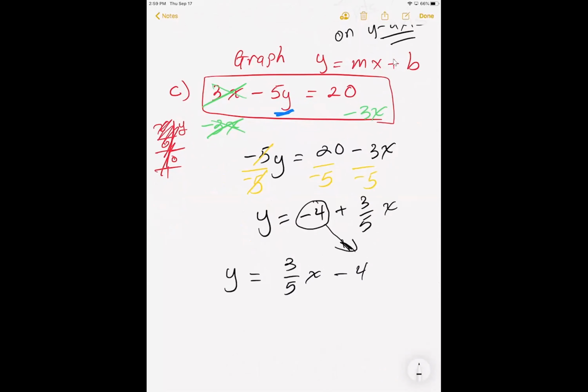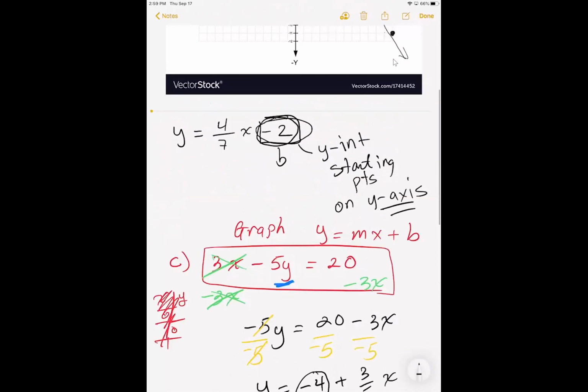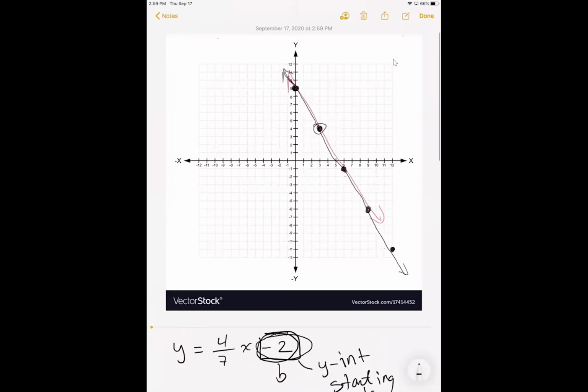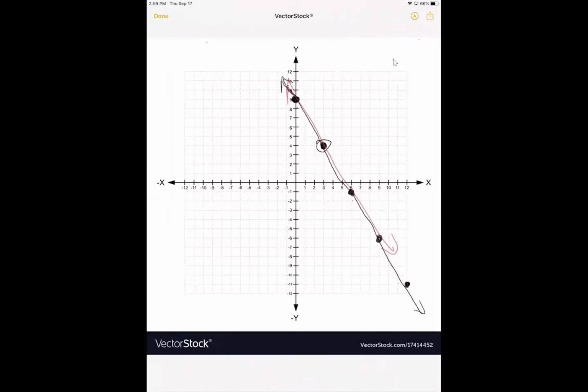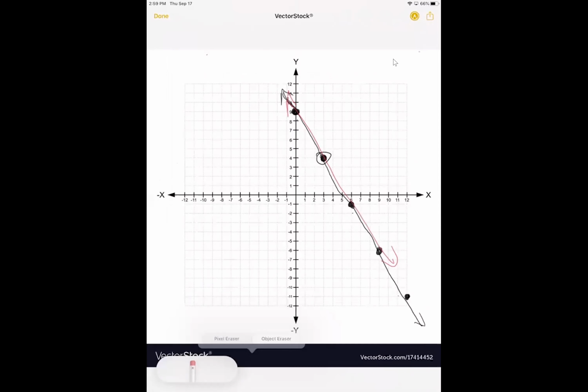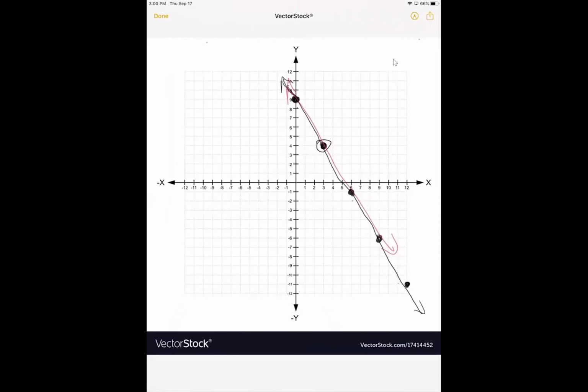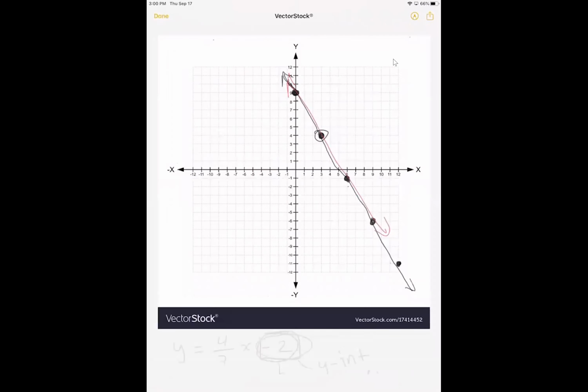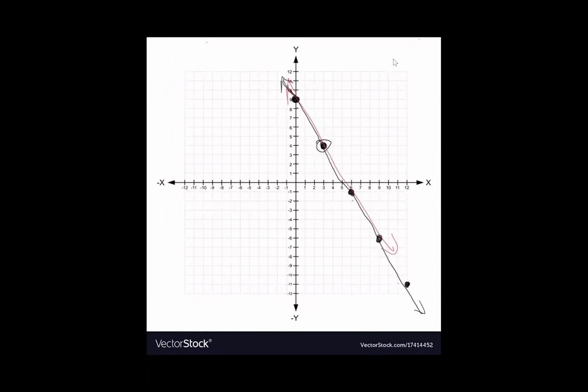So now, 3/5 x minus 4, do you agree that this is what I can do? I can erase. They don't let me do it anymore.